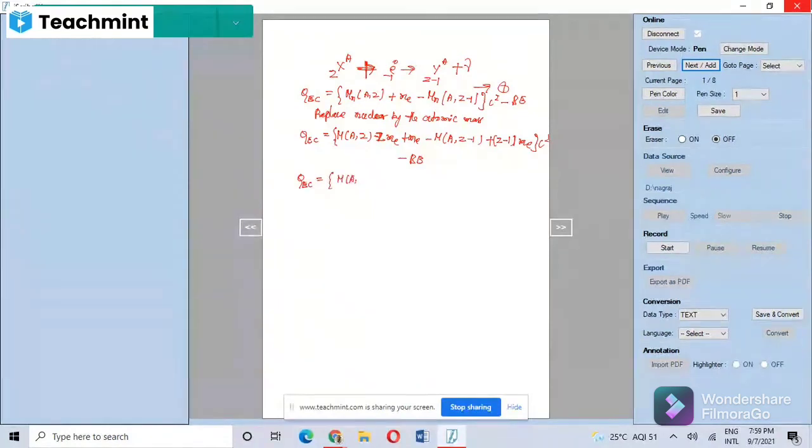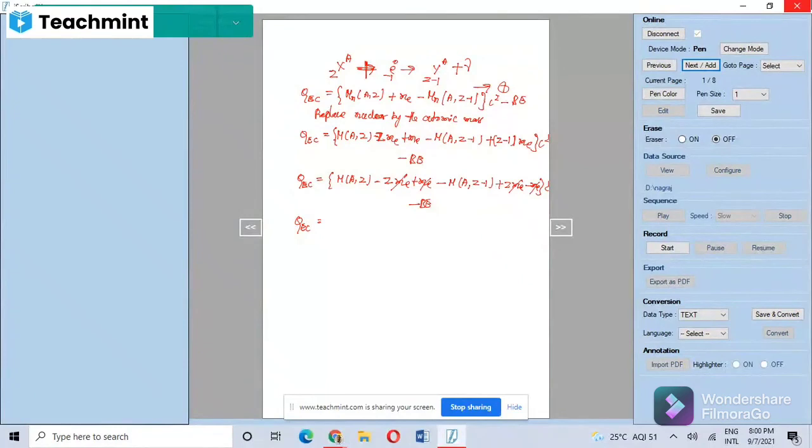M of A comma Z minus Z into Me plus Me minus M of A comma Z minus 1 plus Z into Me minus Me into c square minus the binding energy, or QEC is equal to, here the minus ZMe and plus ZMe get cancelled, plus Me minus Me gets cancelled.